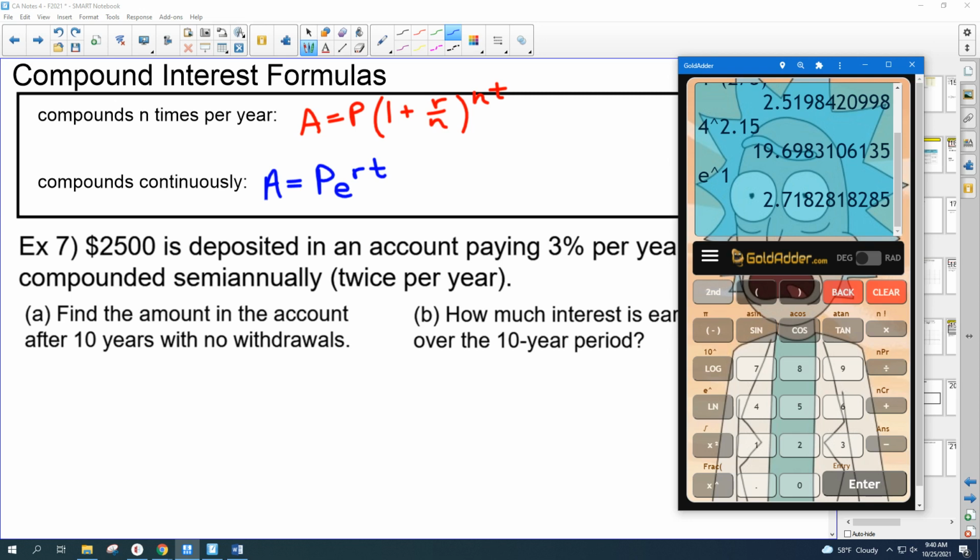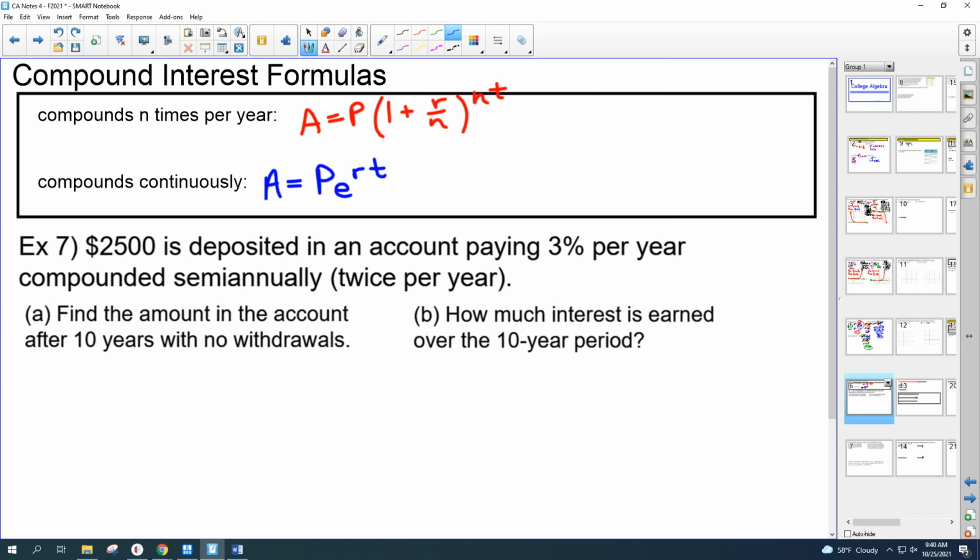All right. So what do the variables stand for? A is the final amount. P is the starting amount. R is the interest rate.